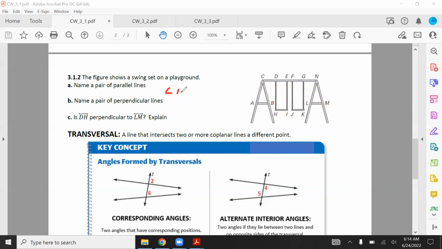Again, we had CN, right? You can see CN was parallel to AB or LM or JK. Or you could also say HD is parallel to IE. You know, this is the cable or the chain that connects the seat of the swing to the top that you see there.